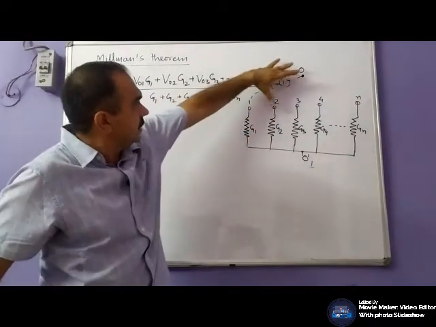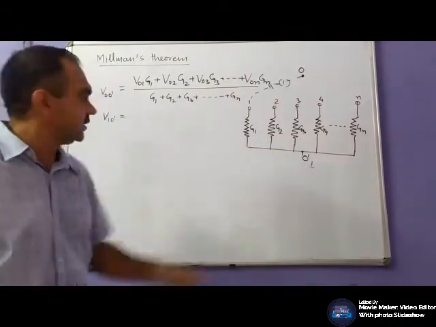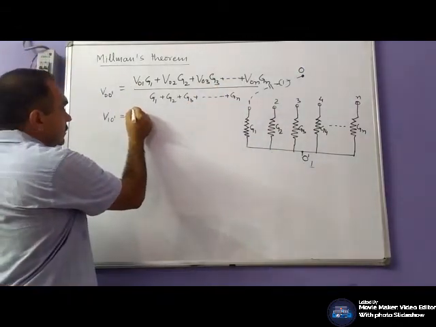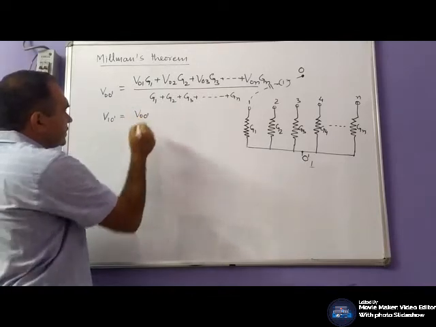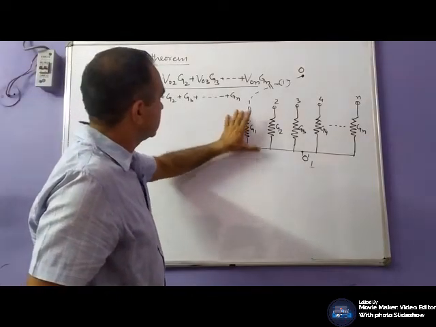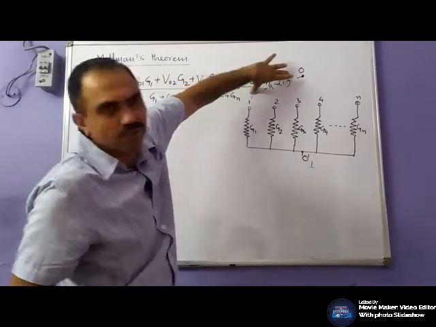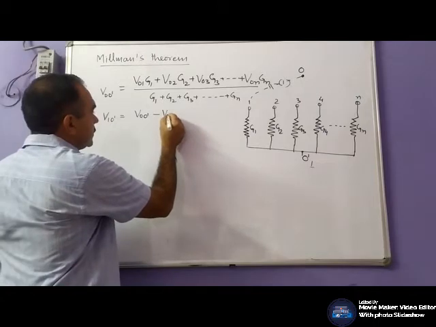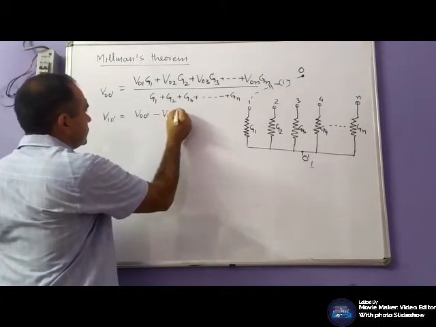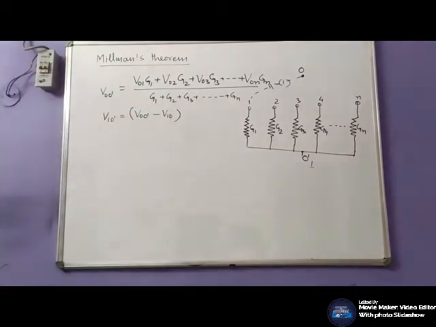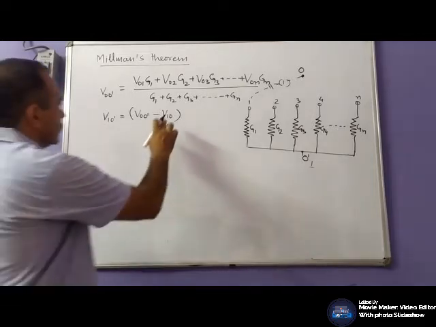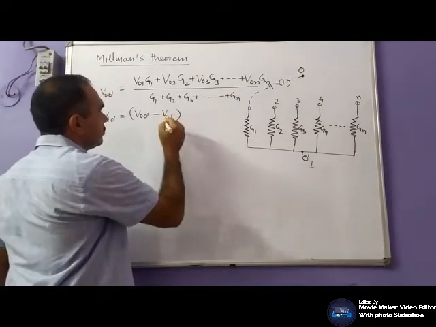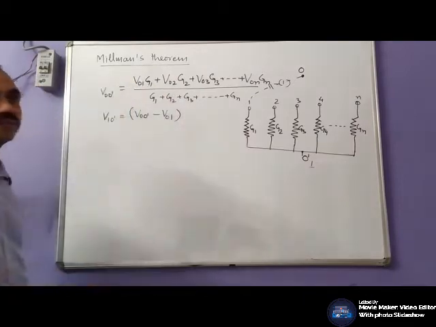So this would be the total voltage V00 dash minus this voltage V10, or we can write it V01 because we have mentioned here V0.